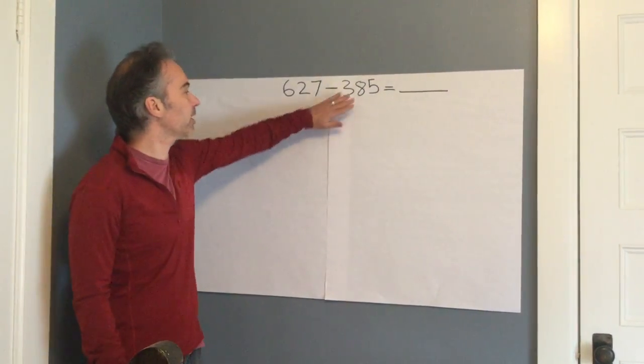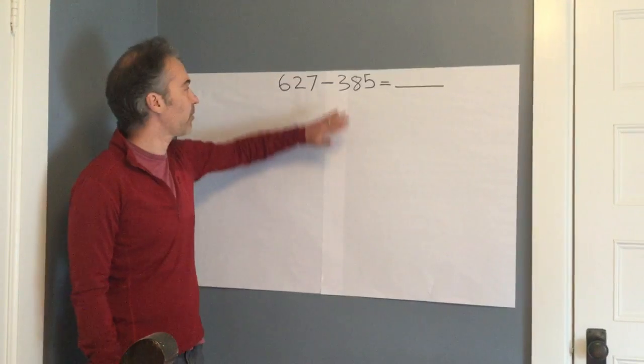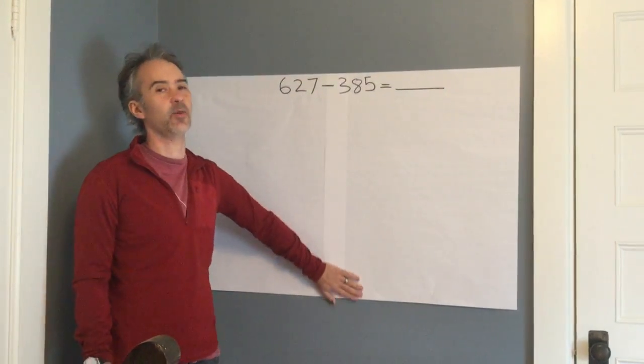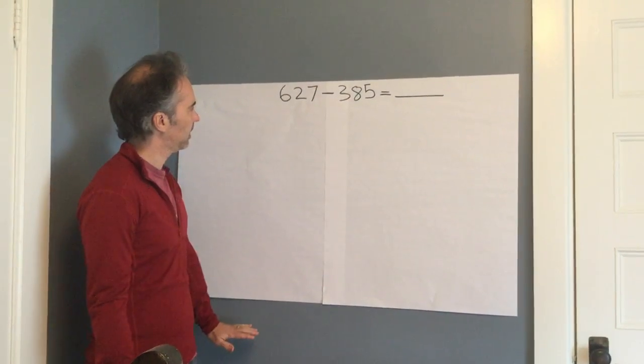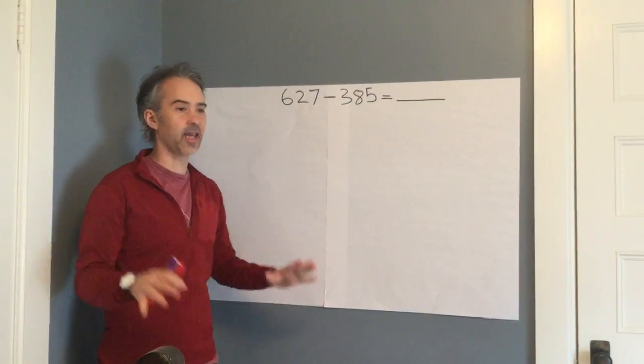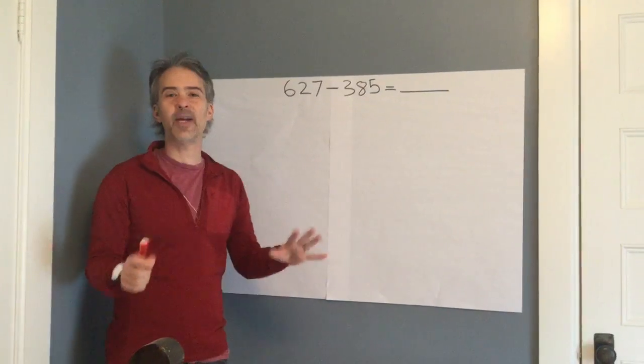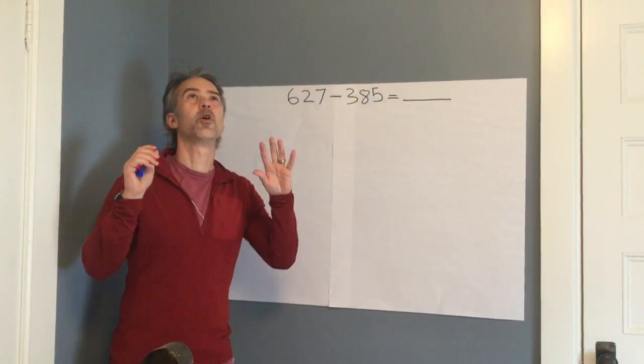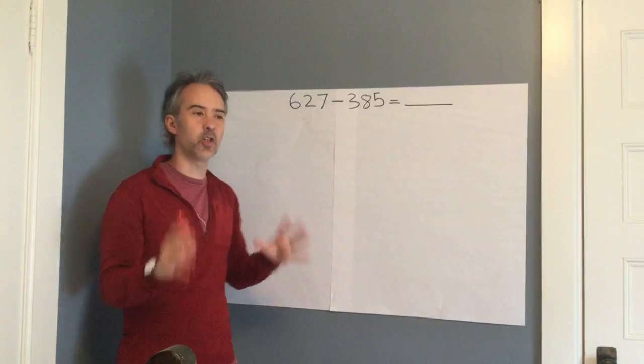So the problem we're going to learn today is subtraction, and we're going to do subtraction within 1,000. Now, when I see subtraction or addition within 1,000, I tell myself this: there is more than one way to do it.